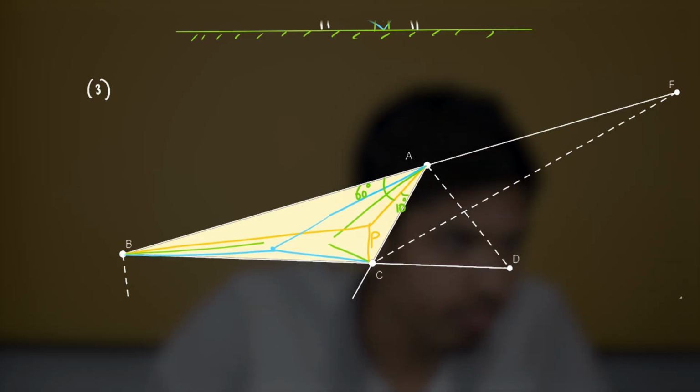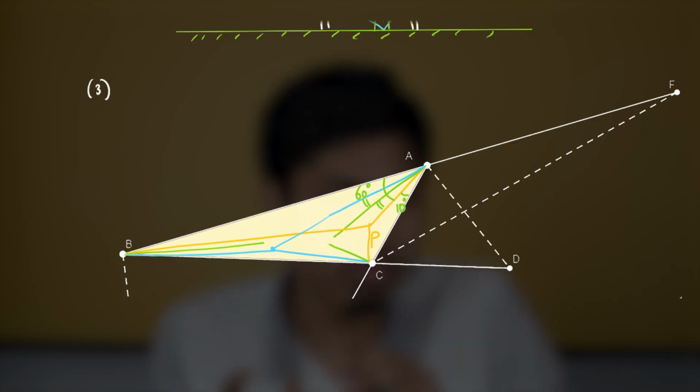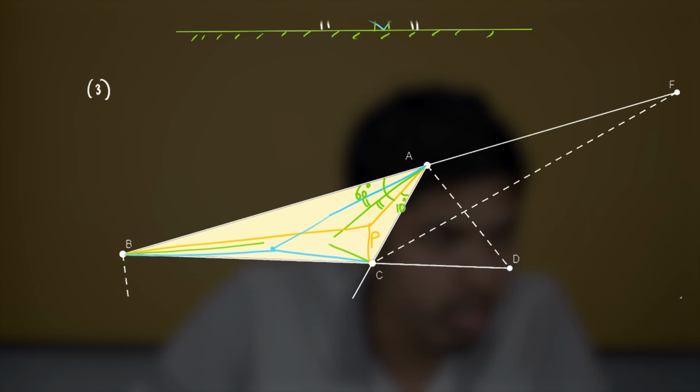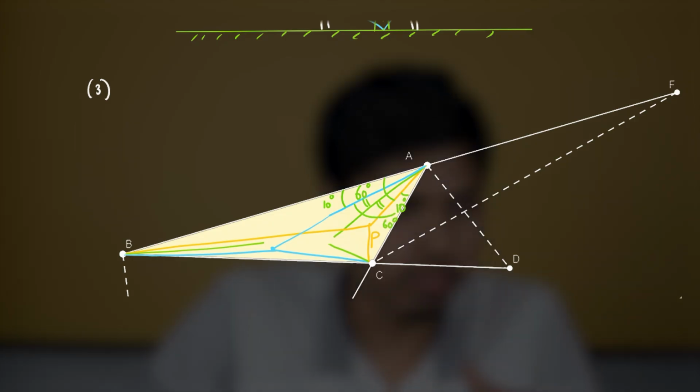That is because you have these two angles equal, because incident and reflected rays make equal angle with the mirror, and therefore they are reflections about the internal angle bisector itself. Hence this angle is taken and put back here, and therefore this angle will now be 10 degrees, and this angle made by blue with the line AC will be 60 degrees. They will get swapped.